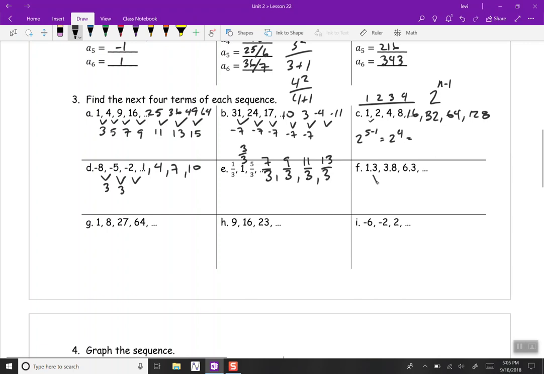Hopefully we're adding here. 1.3 to get to 3.8 is adding 2.5, right? 3.8 plus 2.5 makes 6.3. 6.3 and 2.5 make 8.8. 8.8 and 2.5 make, what is that, 11.3, and 2.5 make 13.8, and 2.5 make, what is that, 16.3. Next, 1, 8, 27, 64.